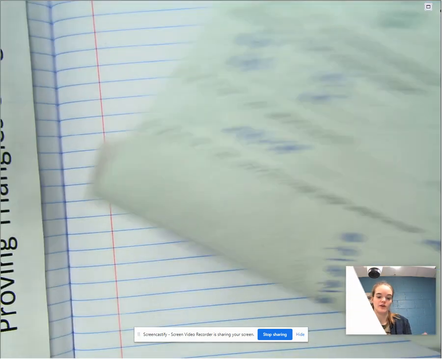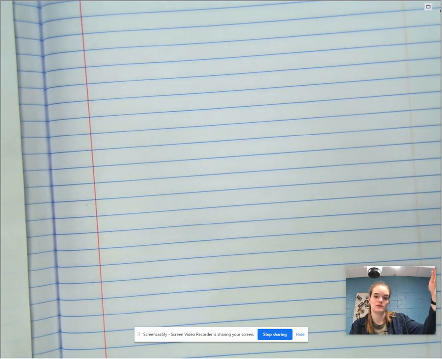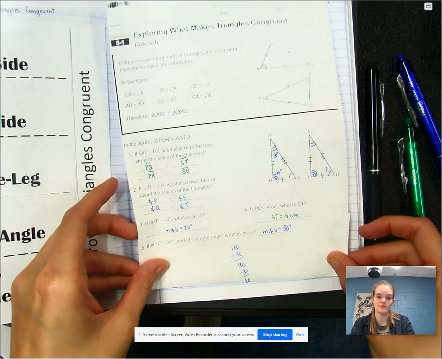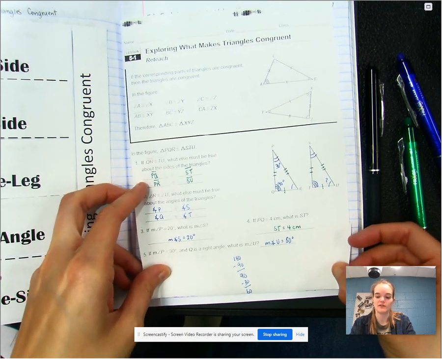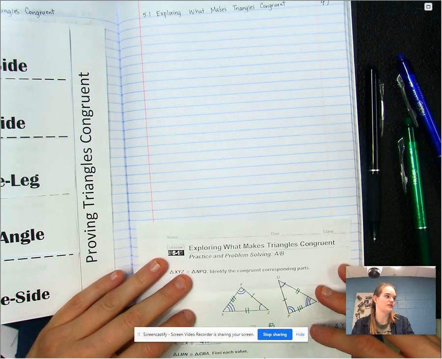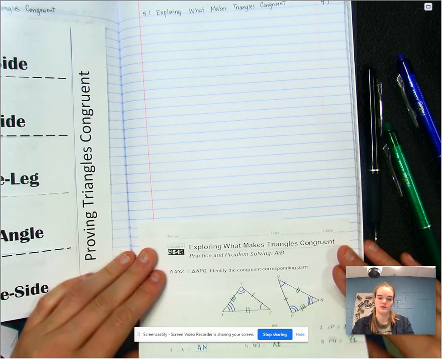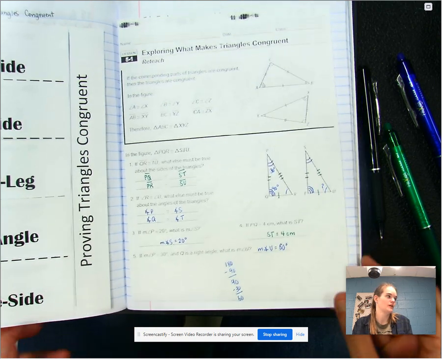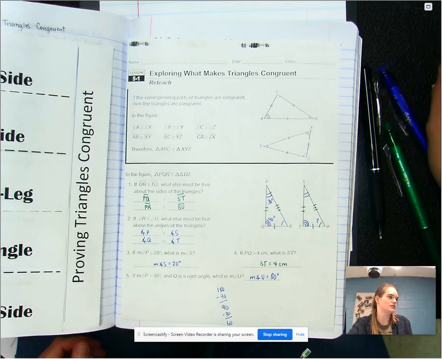That's going to go at the very bottom of my notebook. Page 47, the very bottom. It'll cover up the title a little bit, but that's fine because when I flip it down, I can see the title. Okay, there you go. So that goes in your notebook on page 47.